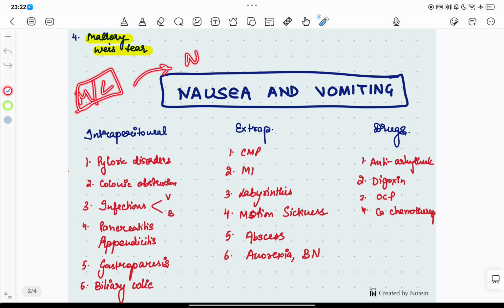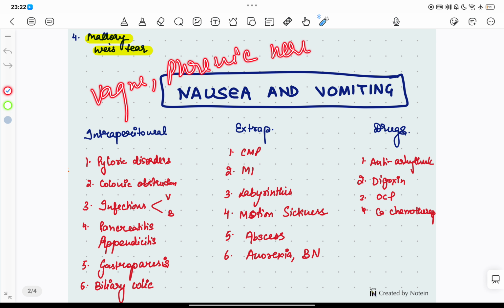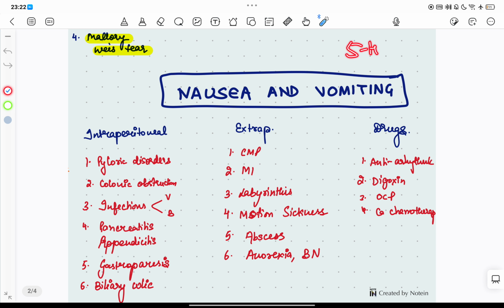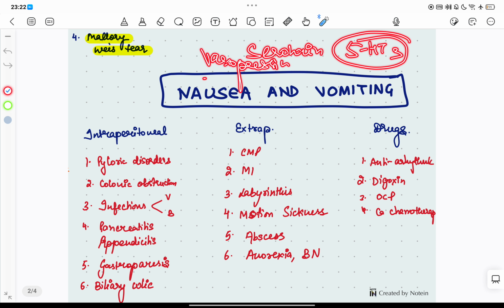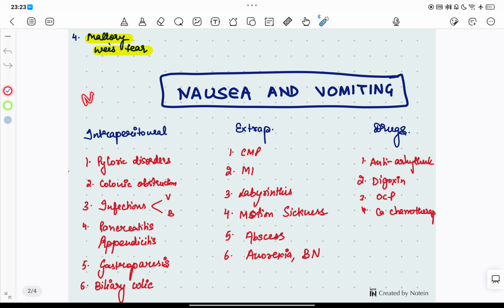The nucleus tractus solitarius in the brainstem is solely responsible for the nausea and vomiting reflex, and the vagus and phrenic nerves are involved, along with the 5-HT3 serotonin receptors and the vasopressin pathways. This is the important thing you should be able to tell about the mechanism of nausea and vomiting.